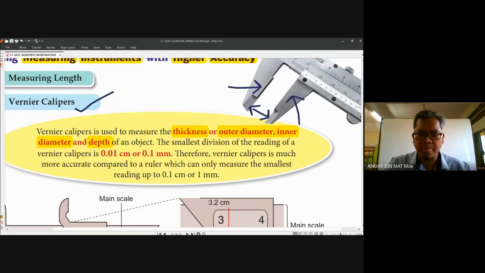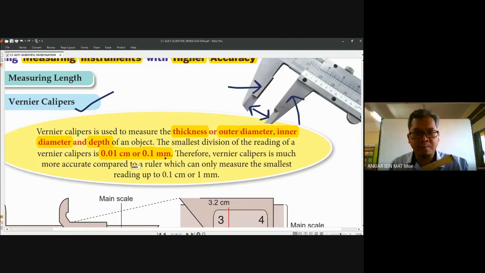Why do we call it higher accuracy? Because it can read up to 0.01 centimeter or 0.1 millimeter. If you use a regular, ordinary ruler, it is just up to 1 millimeter. You cannot measure less than that.